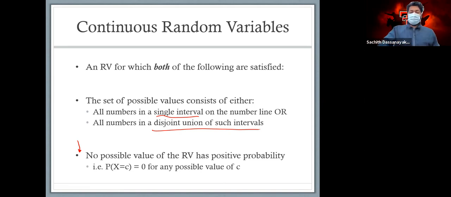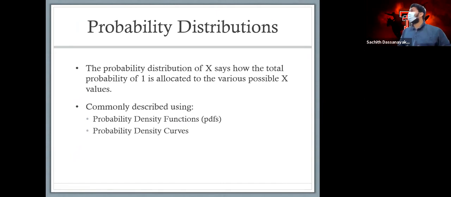So always we are considering something like X less than or equal to C, or X less than C, or X between two values, something like that. With a continuous random variable, just as we talked about the PMF in the discrete case, we have probability distributions.